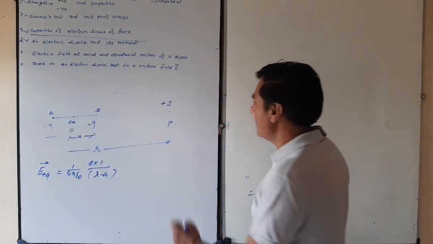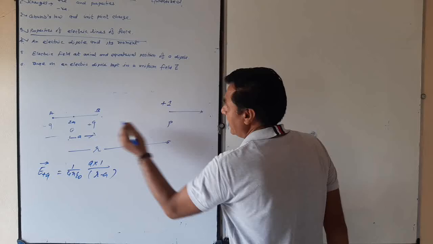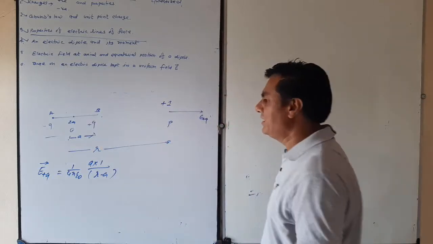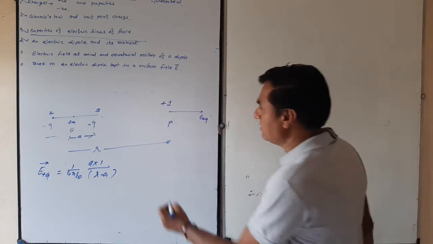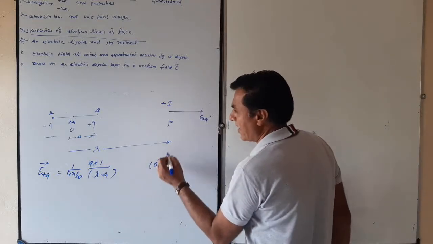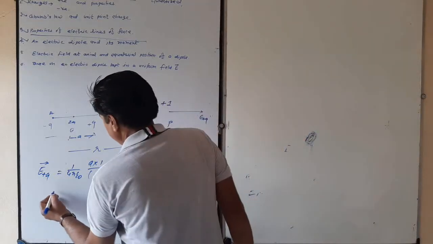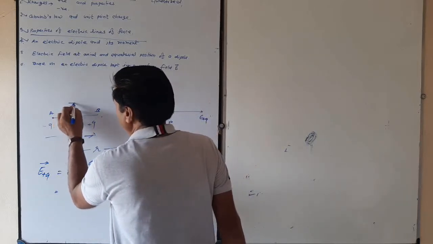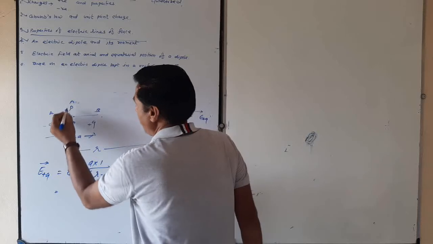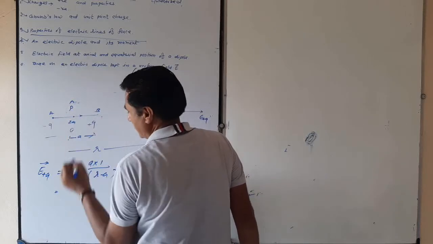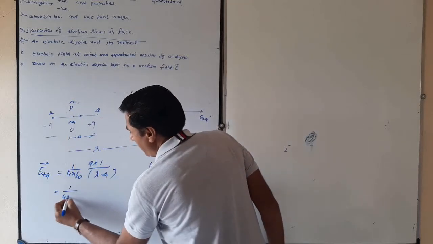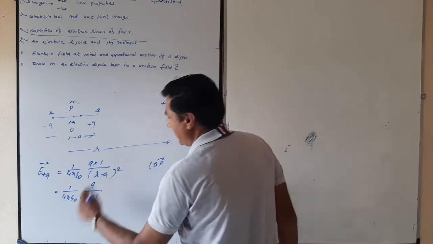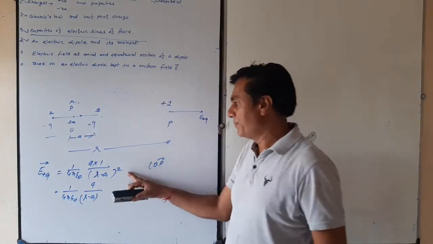Electric field intensity is a vector. So the electric field is in that direction, a repulsion force. It is E due to plus Q along BP. Or you can write in terms of vector notation, P cap. So 1 upon 4 pi epsilon 0, Q upon R minus A square. I'm sorry, I did not mention the square.